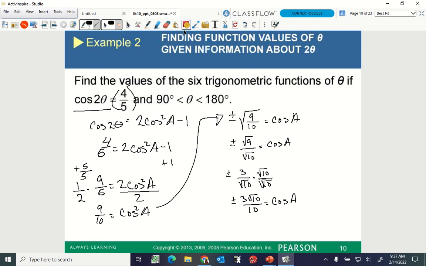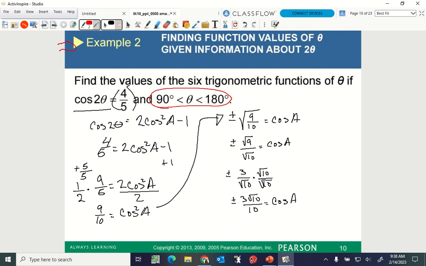Now, I got to go back up here. Change colors again. So, right here, now that we have its cosine, what do we know about cosine in between 90 and 180? What quadrant's that? Quadrant 2.